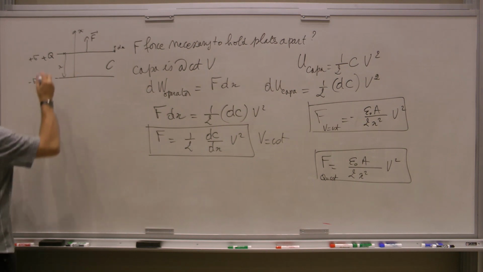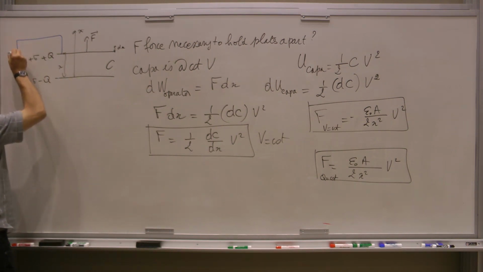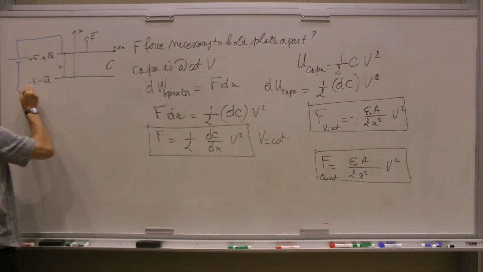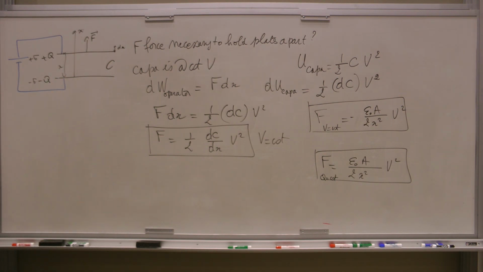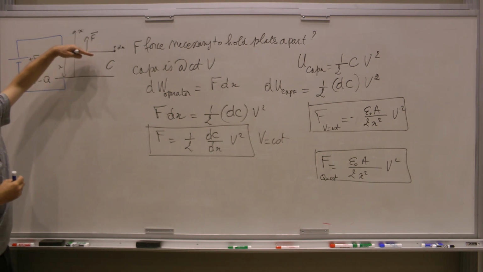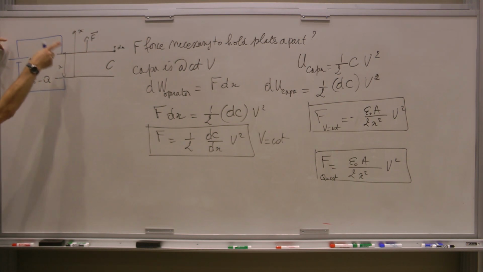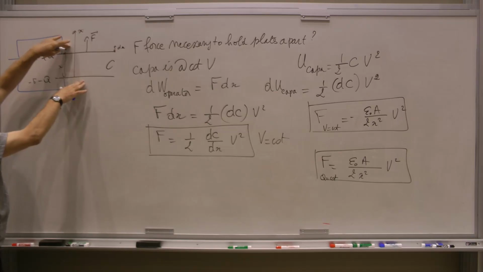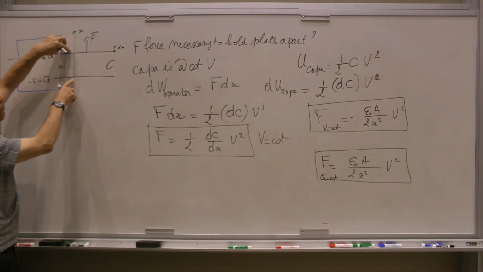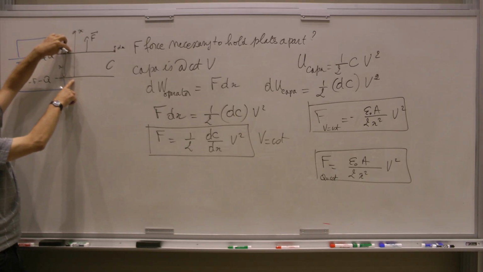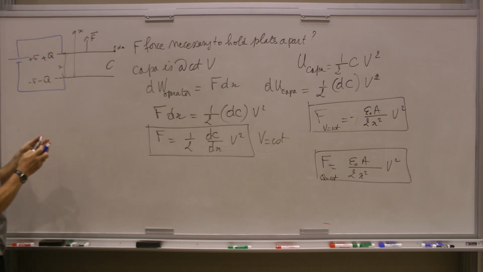When we have this capacitor connected to the battery, what goes on? As I move the plates, the battery is going to start to feed charges onto the plates. And the reason it does so is because it wants to maintain the same potential. Think about what happens.